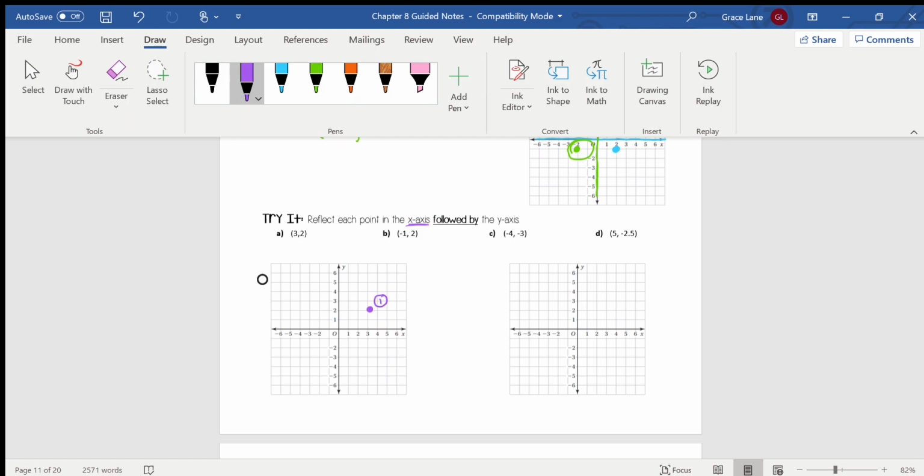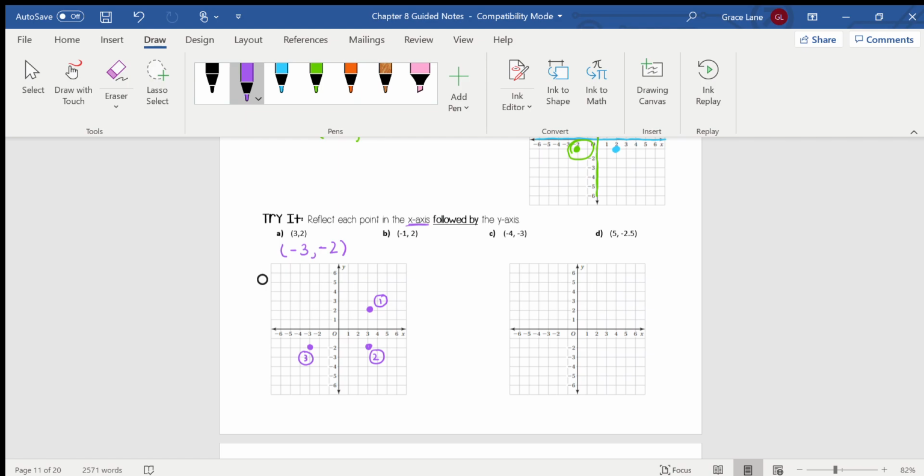If I reflect it over the x-axis, it would now be at 3, -2. Now if I reflect it over the y-axis, it would be right here. So my final answer would be -3, comma, -2.